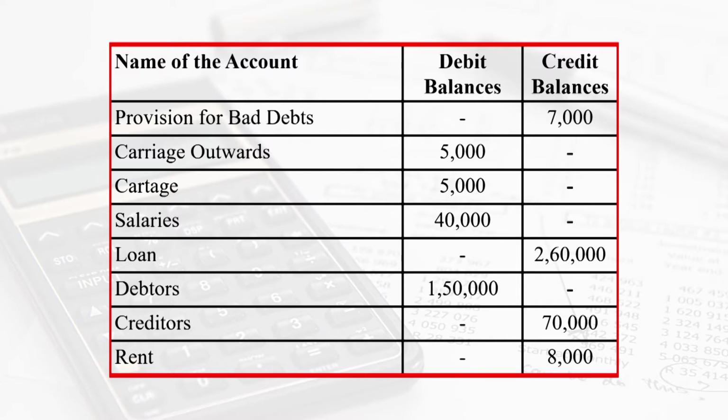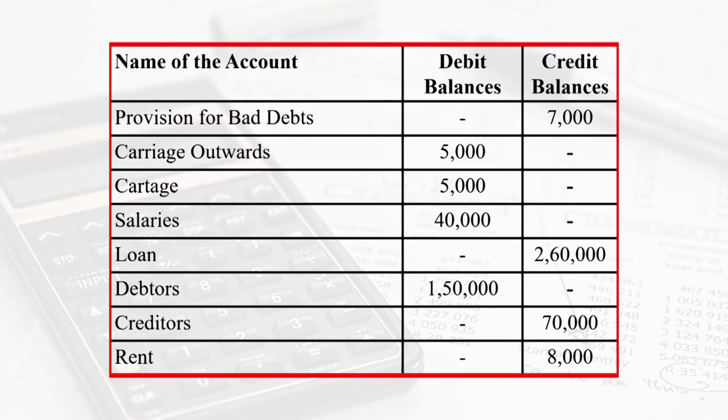Then cartage. Cartage is again an expense for the business. It has a balance of rupees 5,000, which is shown under the debit balances. Salaries, again an expense for the business, and we have a debit balance of rupees 40,000 as far as the salaries are concerned.